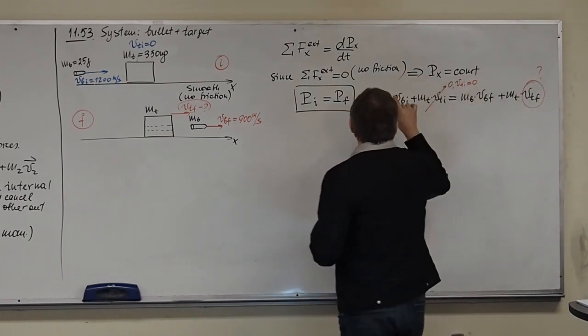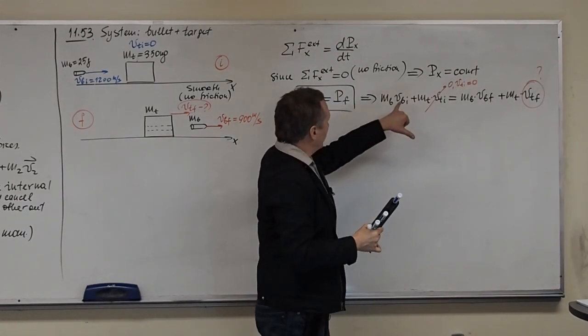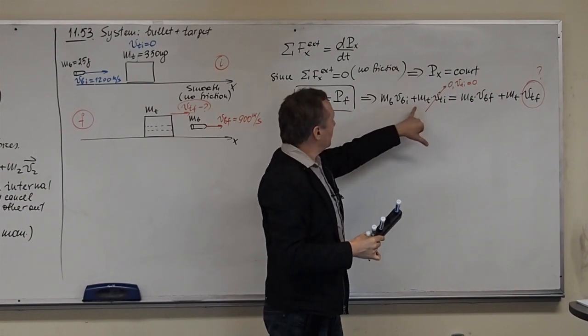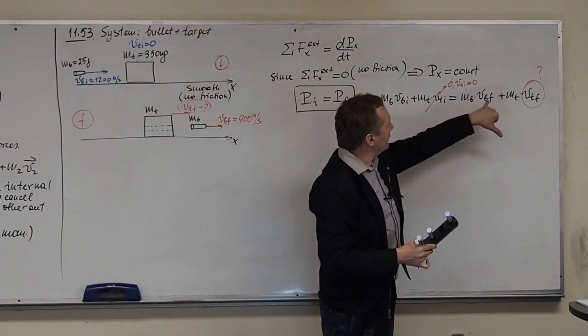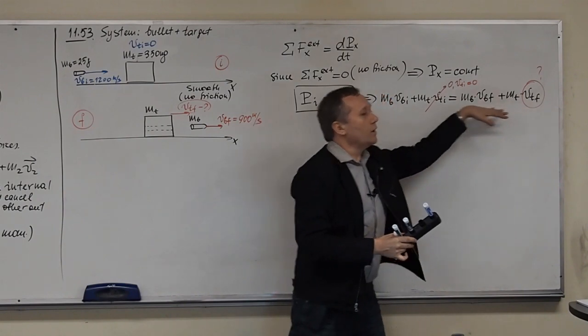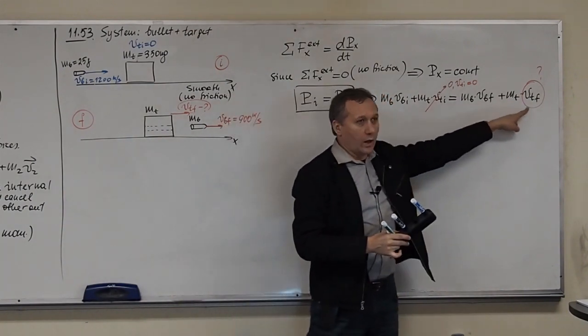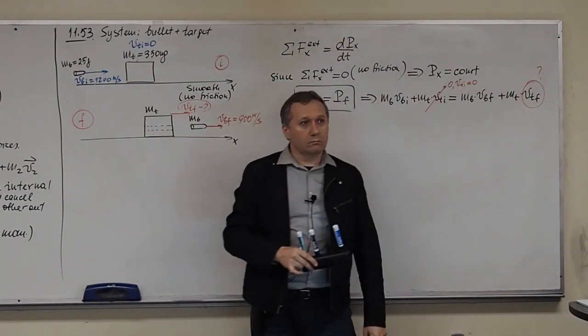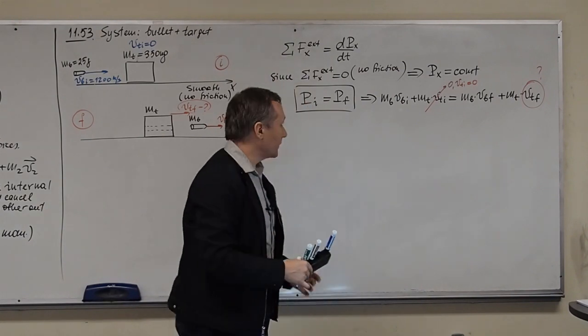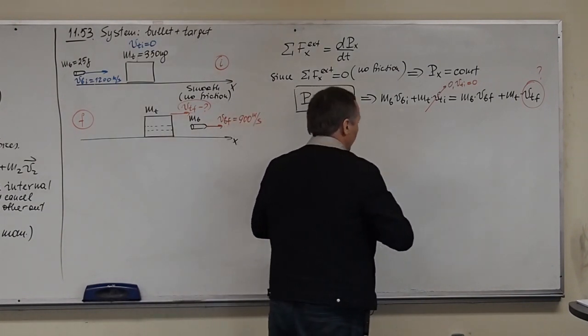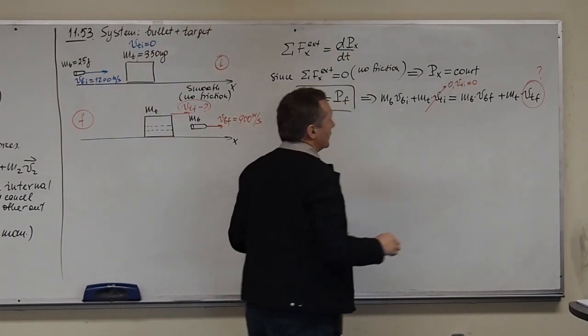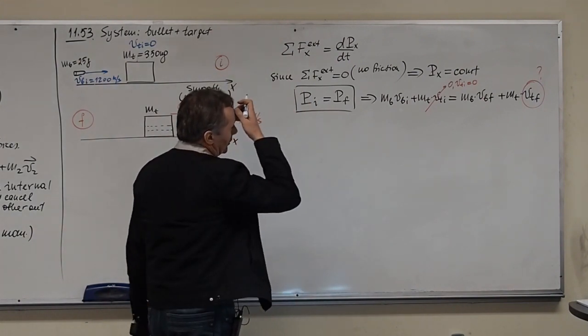So let's see. Mass of the bullet is given, velocity of the bullet initial is given, this is also given, that is given. Okay, one equation, one unknown, it can be easily solved. We can easily solve for the final velocity of the target. So let me solve it for that.